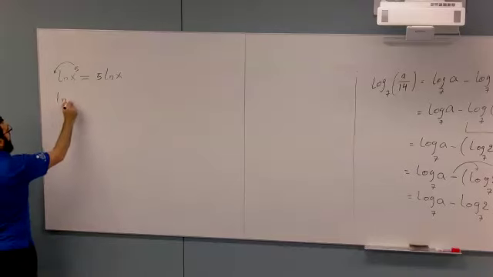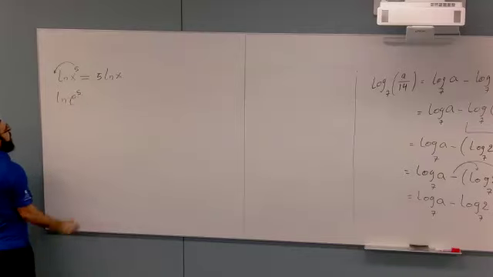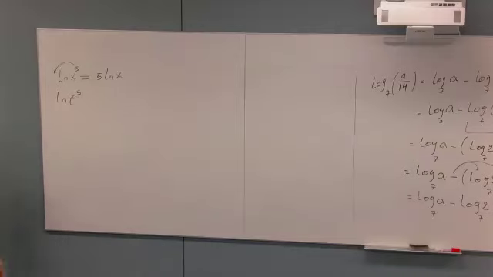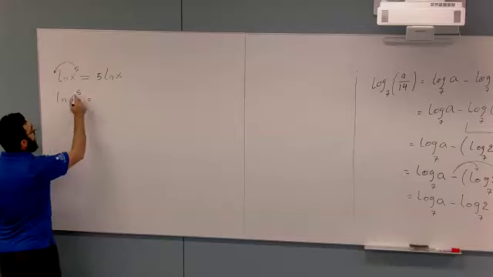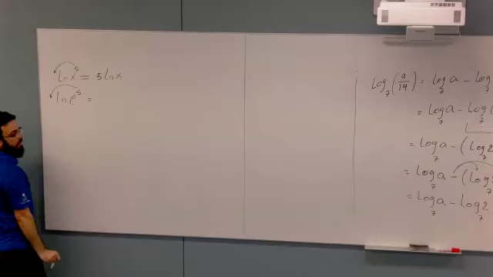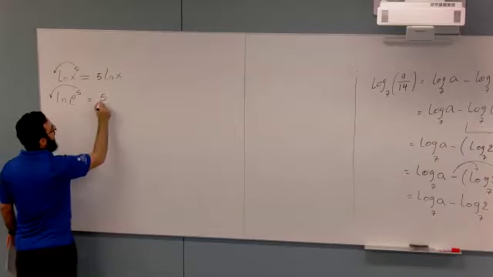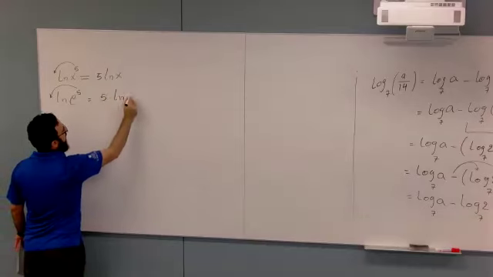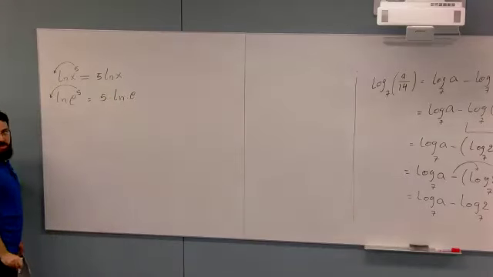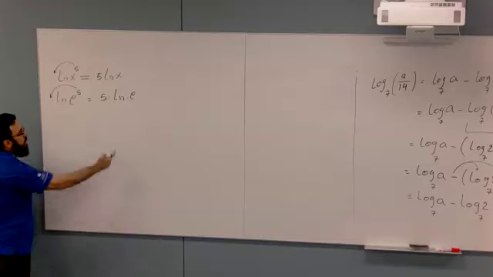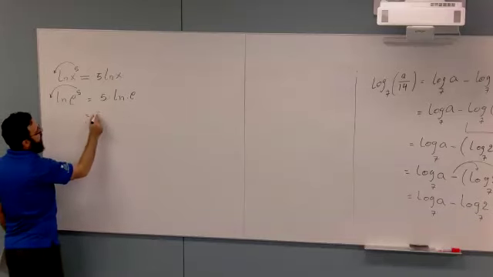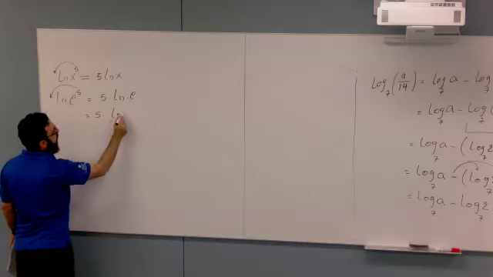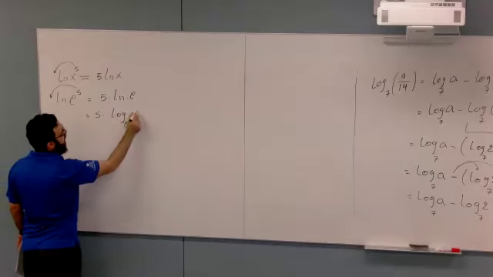It's ln e to the power 5, right? By using the second property, that means you can move the 5 here, which is 5 ln e, right? Yes or no? What's the meaning of ln? Log base e, and here's the e.